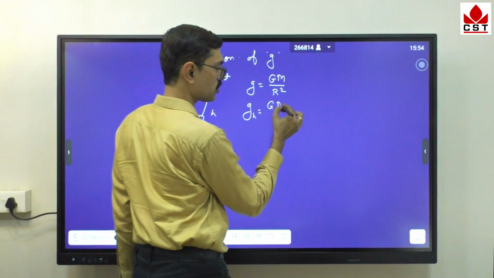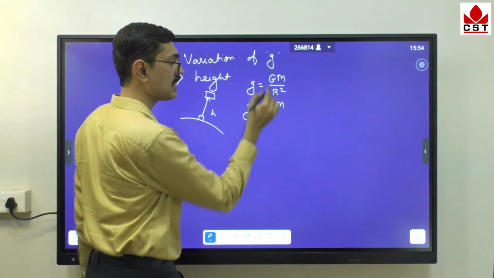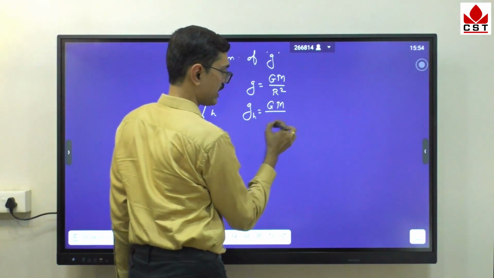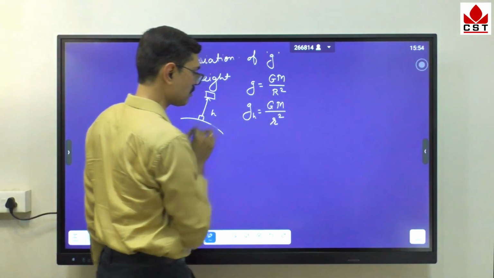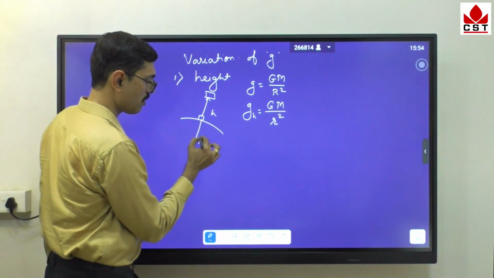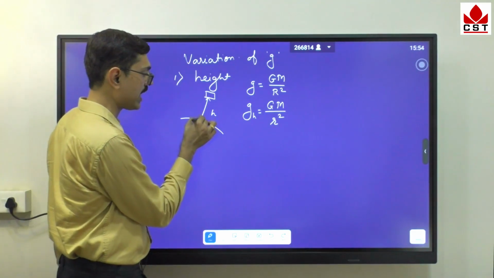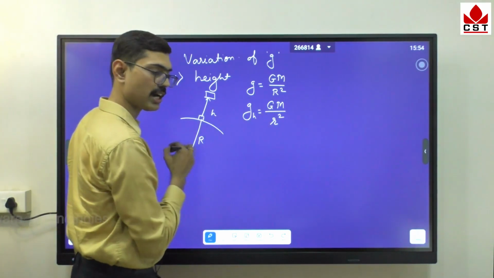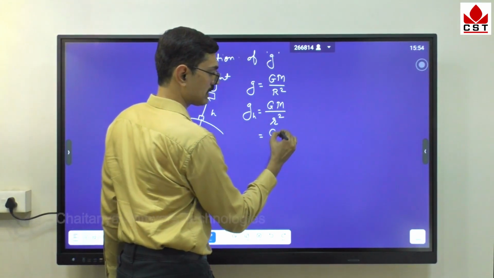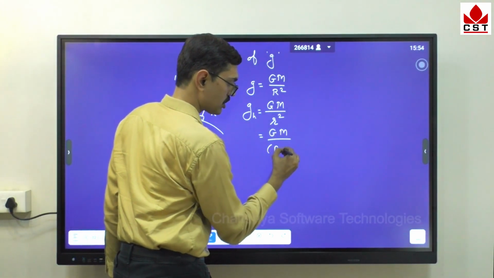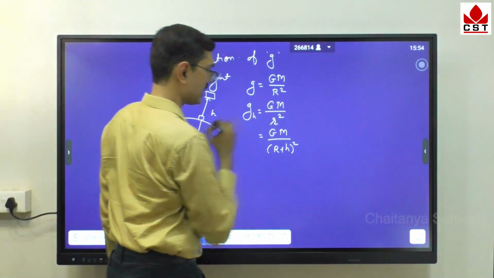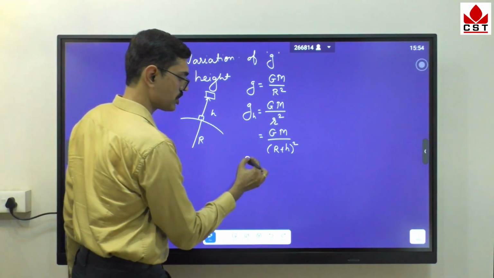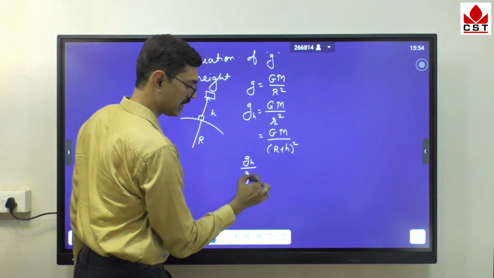Capital M, the mass of the Earth, is also not changing, but small r will be there instead of capital R. What is small r? It is the distance from the center to the surface, and h. So capital R plus h is that small r. We can put capital R plus h here with bracket square and then take the ratio. So gh upon g, what are we getting?